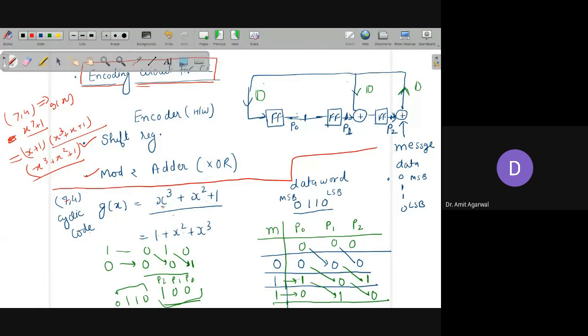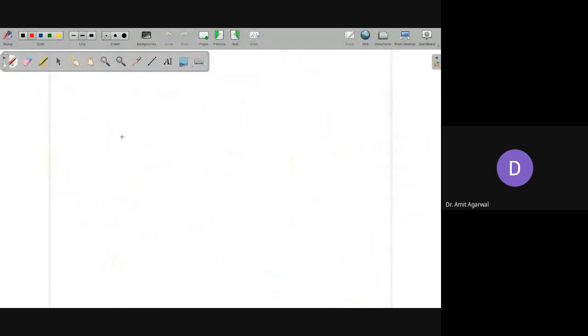Okay, so what is its corresponding? 1 plus x square plus x cube means 1 0 1 1, right? So wherever there is 1, just put a flip flop. There are 3 ones, so put 3 flip flops first, or 3 registers first.